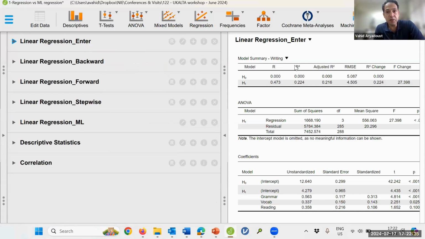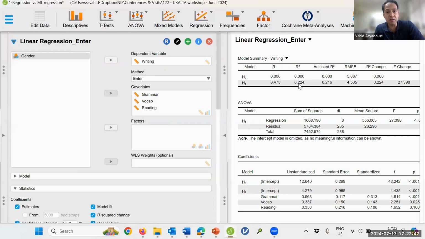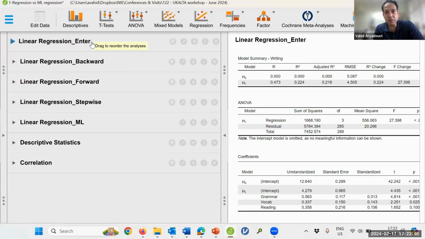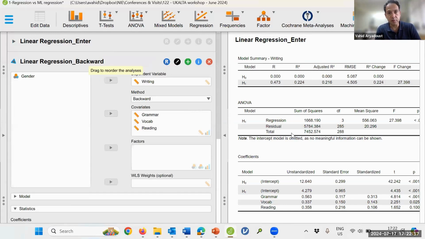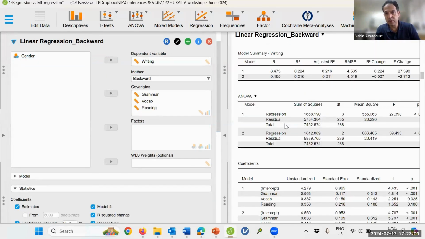And you can compare the R-squared values between the models that are generated by using different methods. For example, I'm going to do this, and I hope you can simultaneously do that too on your computer. The R-squared value here was, let me note this down, 0.224 for backward models. You will get two models, as you can see, 0.224 and 0.216.